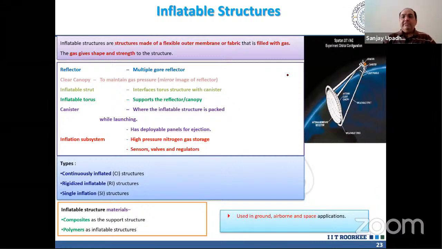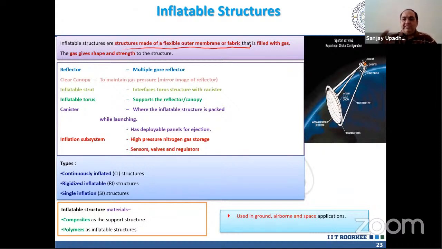So what are inflatable structures? Here I am talking from the space application point of view. Inflatable structures are structures made of a flexible outer membrane or fabric, because at the ground station they are in a folded condition, just a membrane of fabric like umbrella cloth.